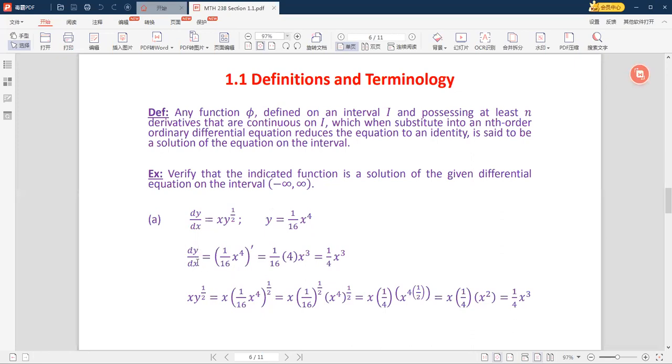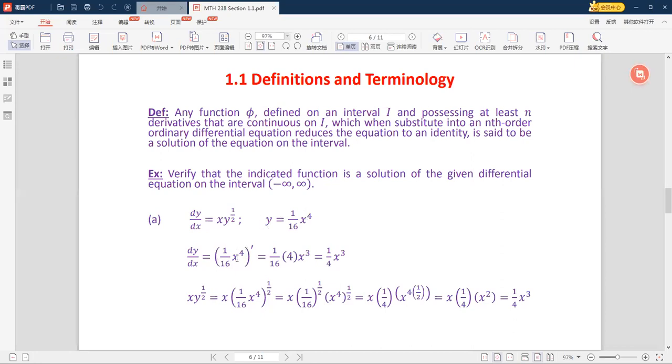Sometimes we use different notations. You can use dy over dx or prime to denote the derivative of the function. So we need to take the derivative of this function. This is a power function, so the rule we use is the power rule.